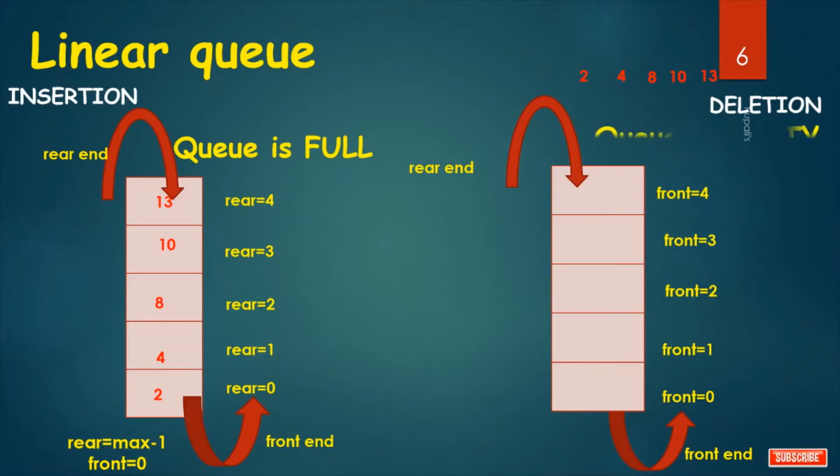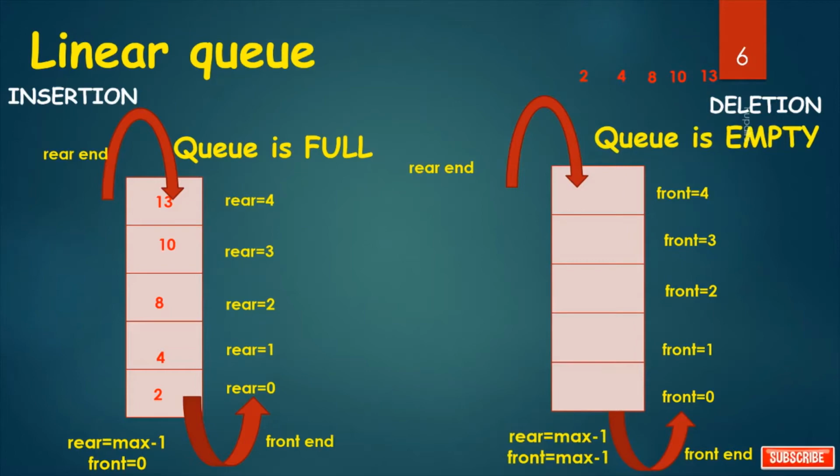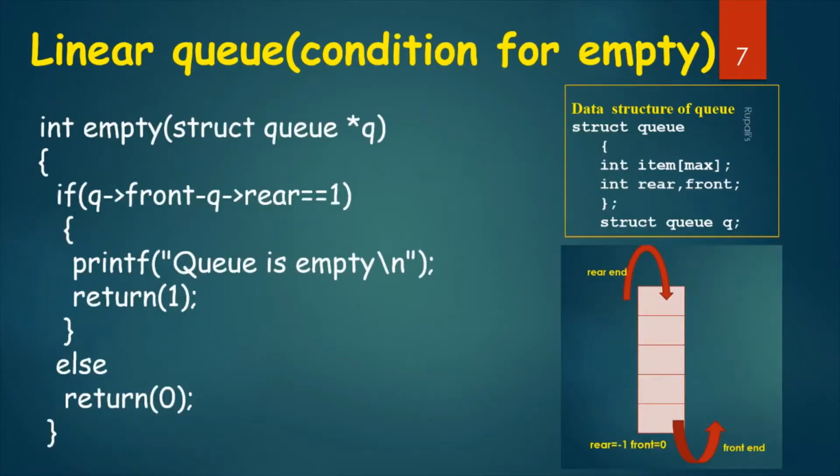So when the value of front is max minus 1, we can say the queue is empty. Now I write one function to check whether our queue is empty or not.